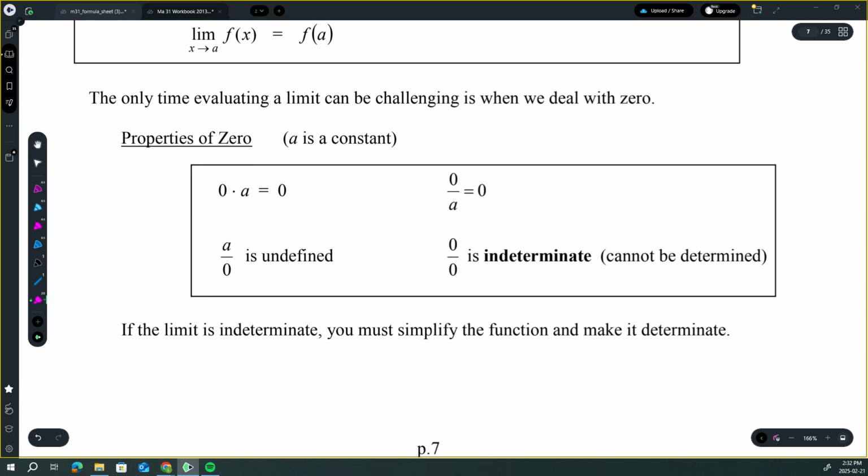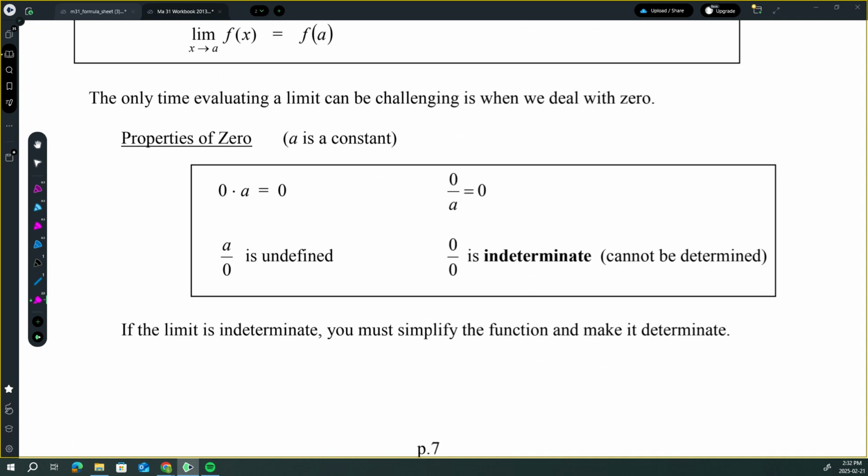Now where things get spicy is when a is divided by 0. That's going to cause the function to be undefined, or if the function ends up being 0 divided by 0, that's going to be indeterminate, aka it cannot be determined.